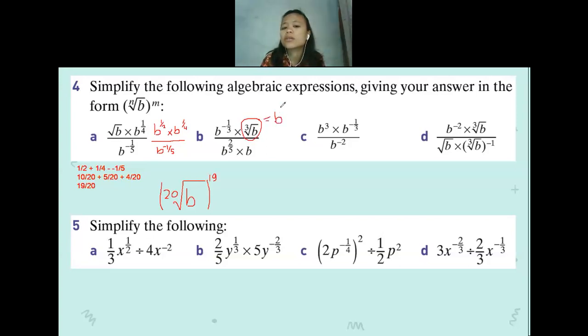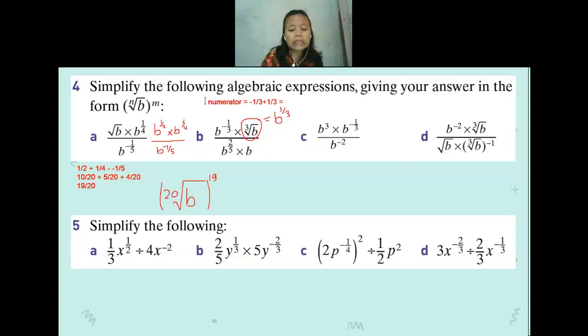Power 1 by 3. So maybe we can simplify for the numerator first. For the power it will be negative 1 per 3, we plus it with 1 per 3. How many will it be if we plus them?